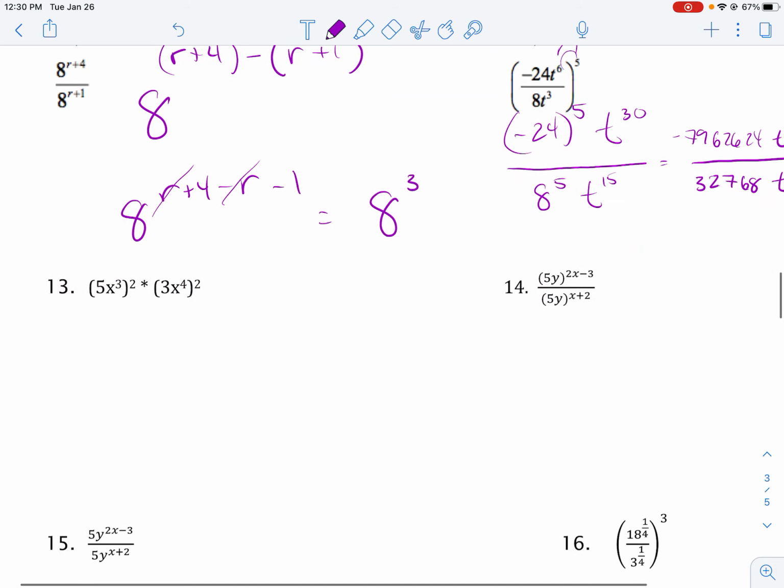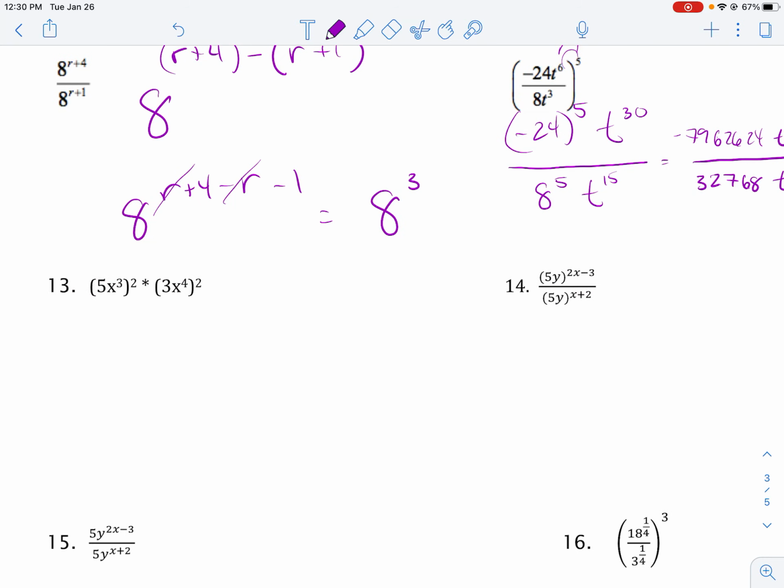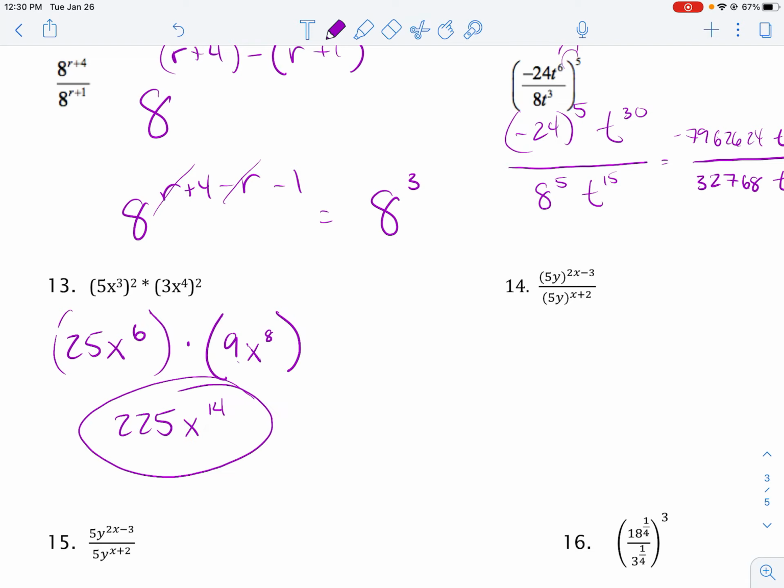We'll finish this up. So, this one. This is going to be 25 x to the 6th times 9 x to the 8th. 25 times 9, 225 x to the 14.